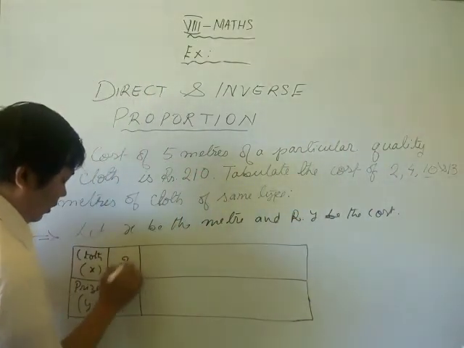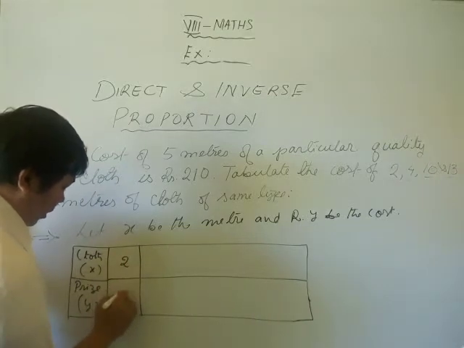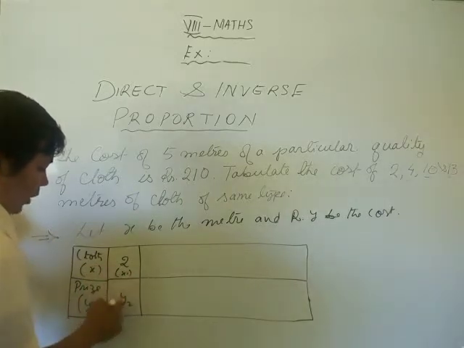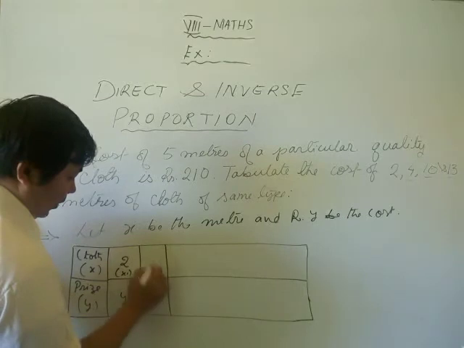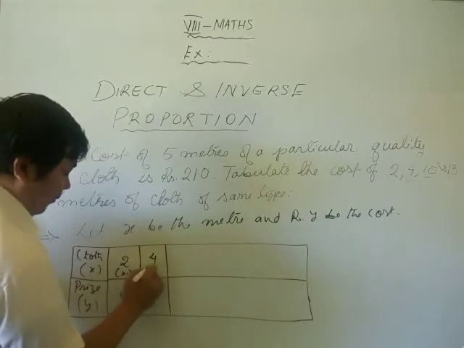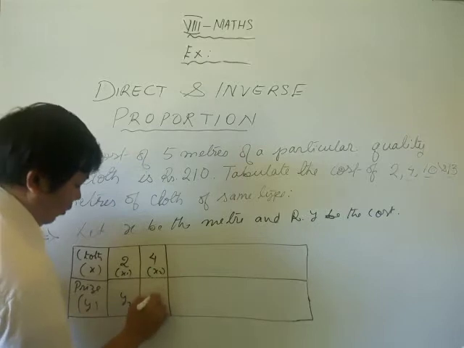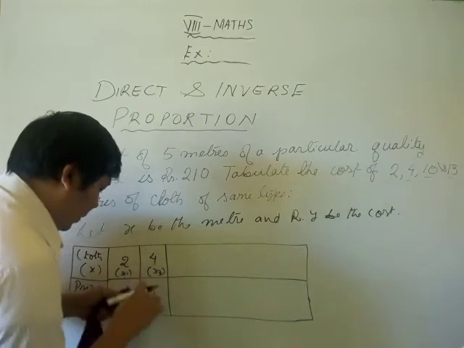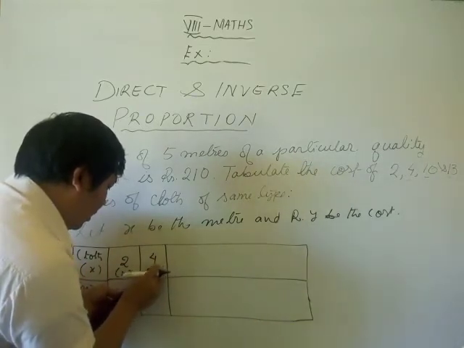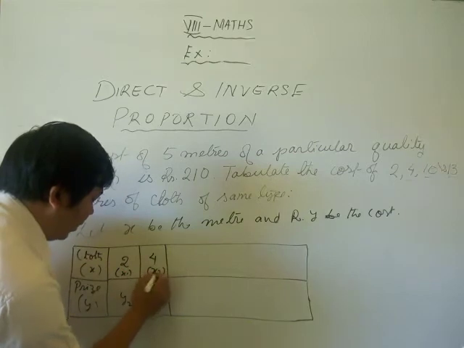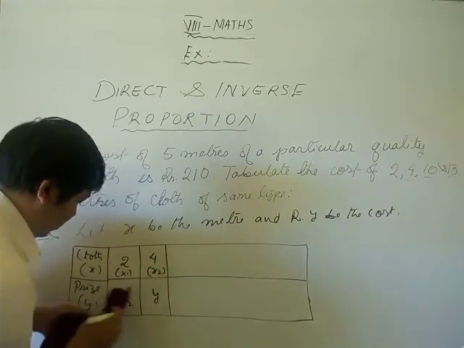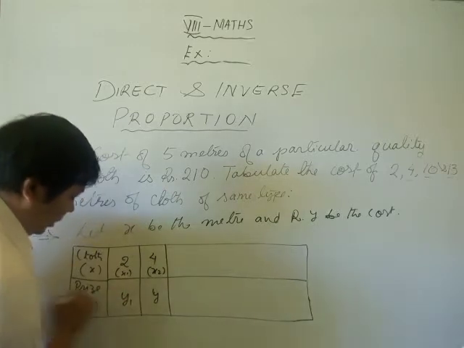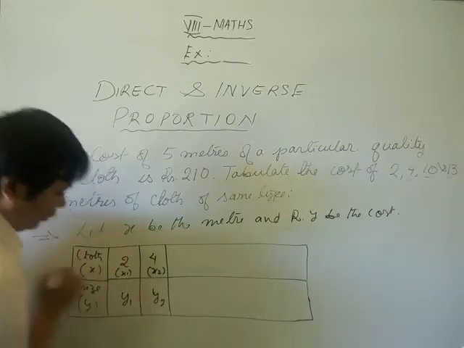So 2 is x1, and here will be y1. Then 4 is x2, and here y2.